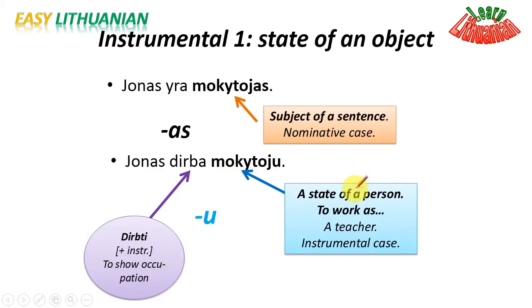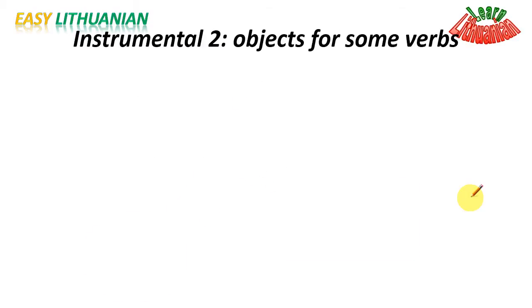So with these states, for example, to work as, we must use instrumental. The second usage, objects for some verbs. You'll see the list of verbs later.